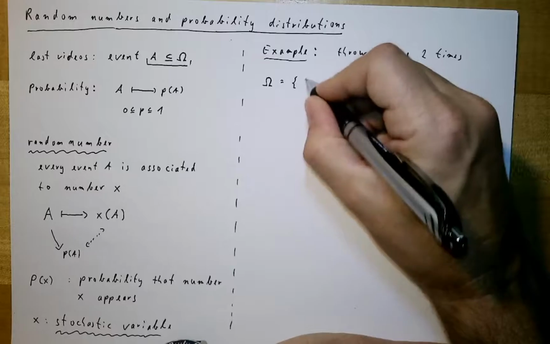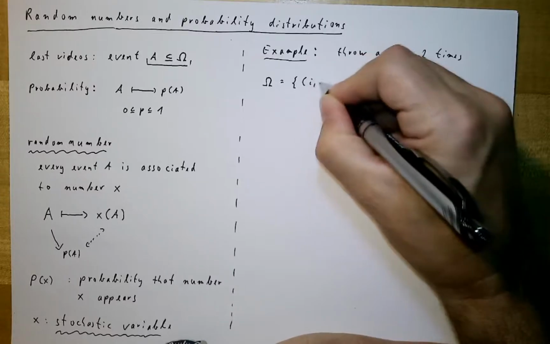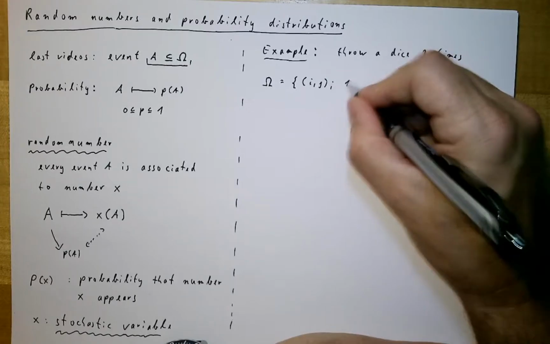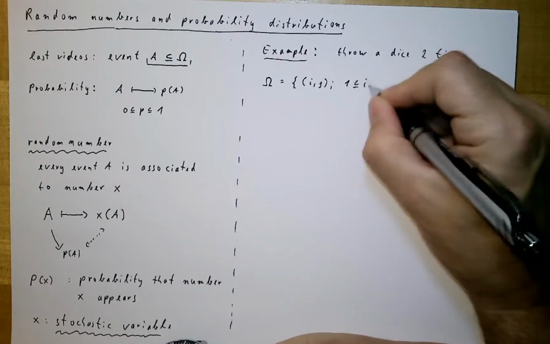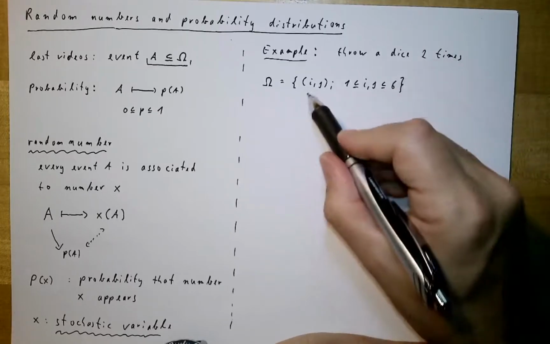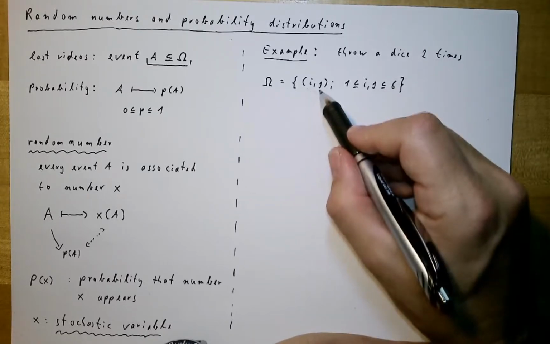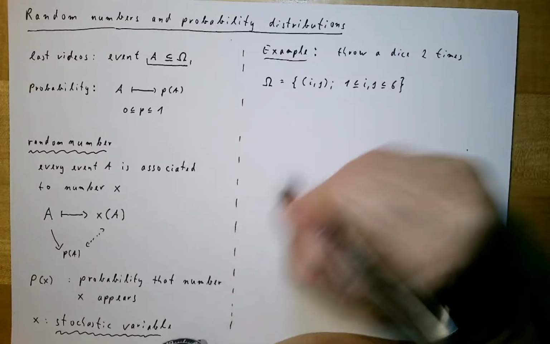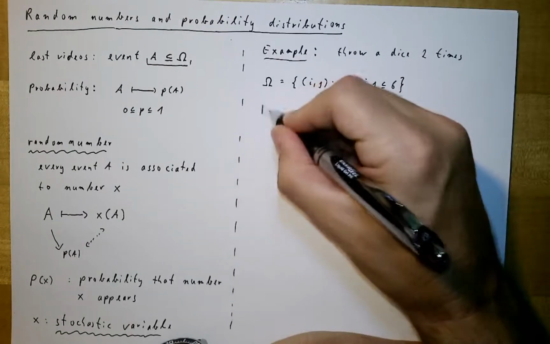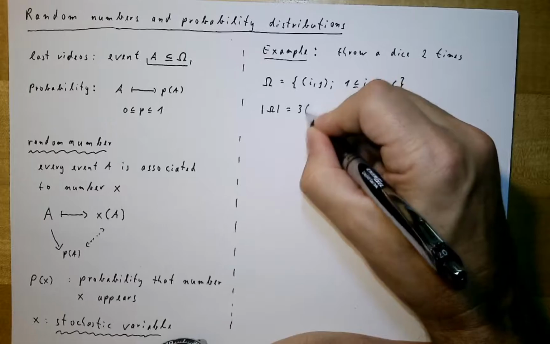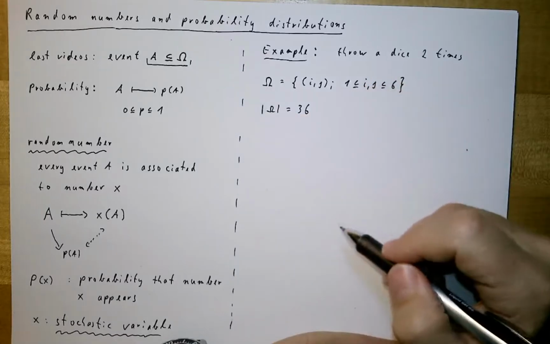The sample space is the set of all tuples ij, so that i and j are natural numbers between 1 and 6. Right? i is the outcome of the first dice, j is the outcome of the second dice. And so how many elements do we have? We have 36 elements in the sample space.